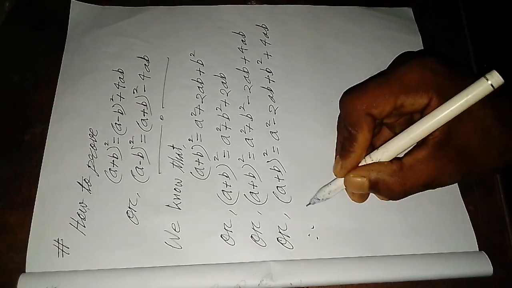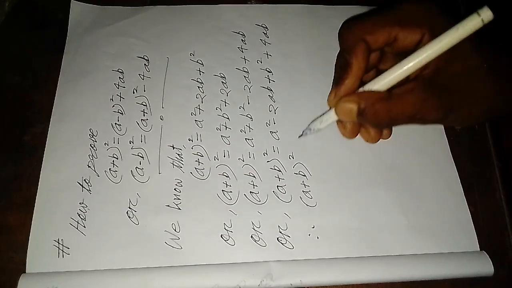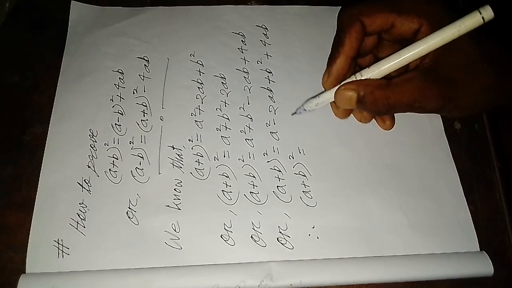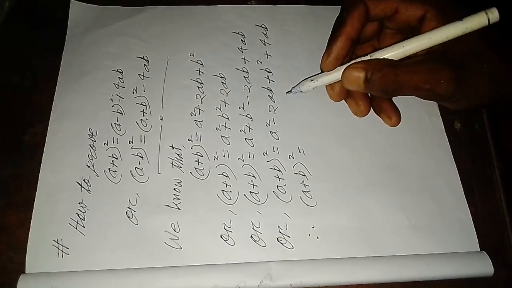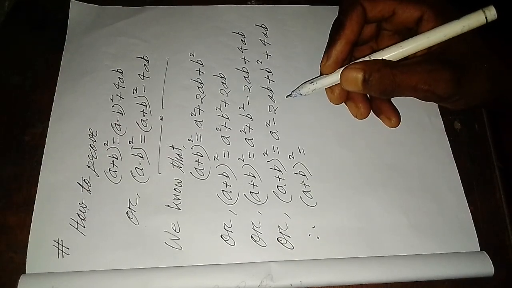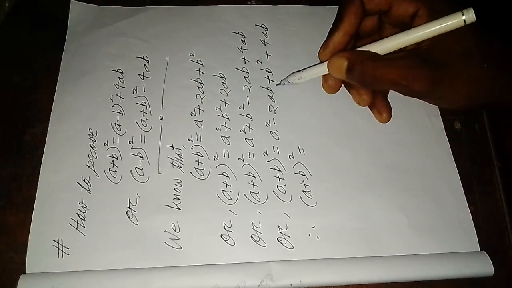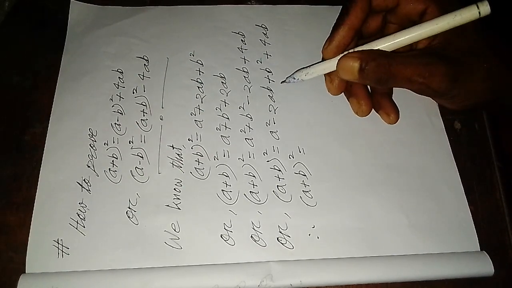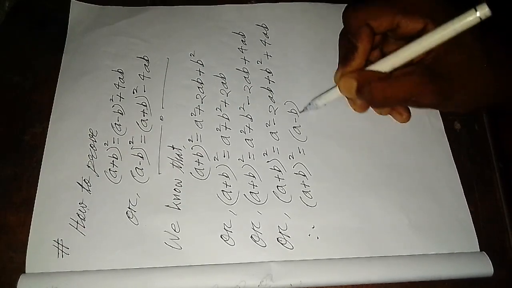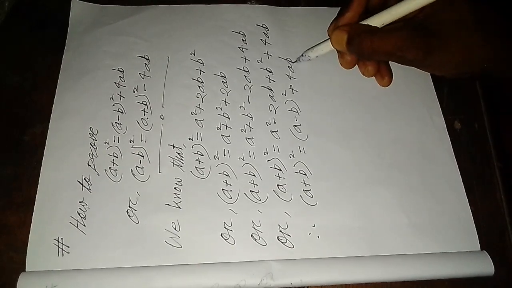Therefore, (a plus b) whole square equal, we can make a rules from a square minus 2ab plus b square, such (a minus b) whole square plus 4ab.